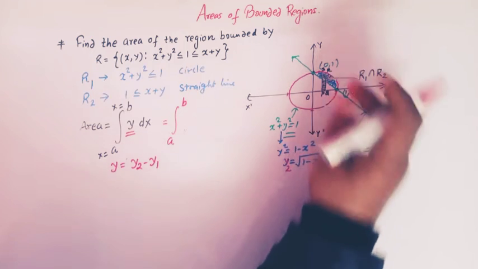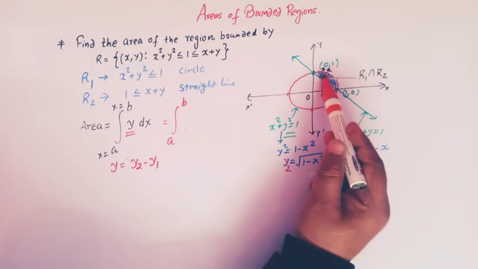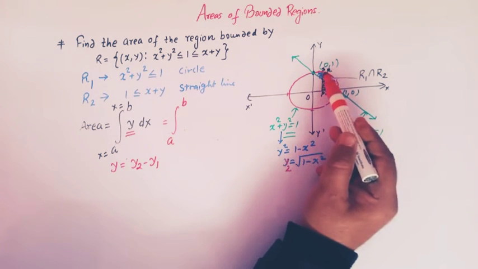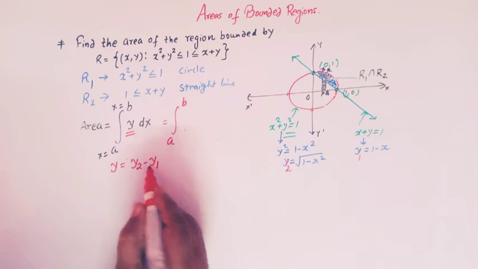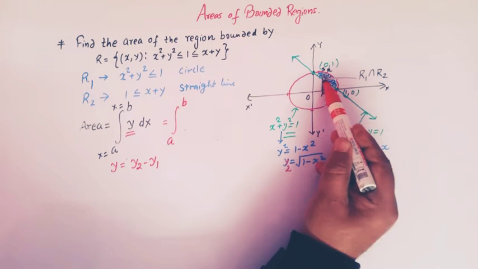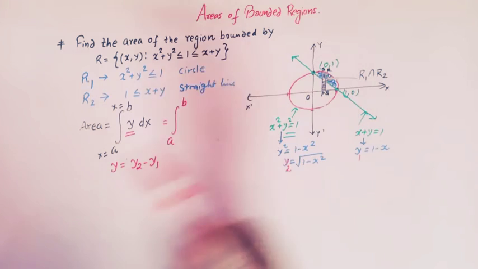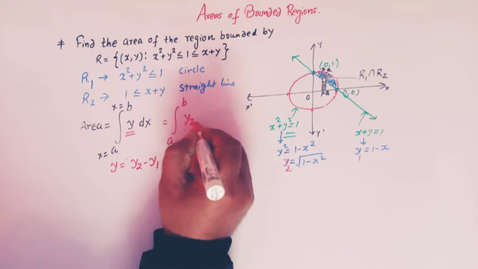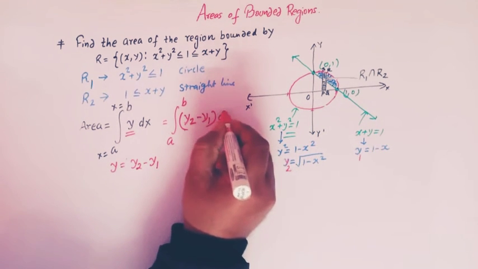Because if we look at this vertical strip, the lower end is at the x-axis and the upper end is at the circumference of the circle. So y2 is greater than y1, because this end of the vertical strip lies on the straight line. So we have y2 minus y1 dx.